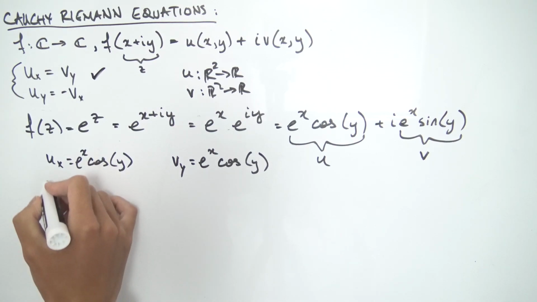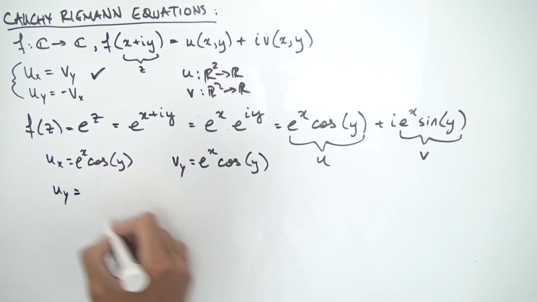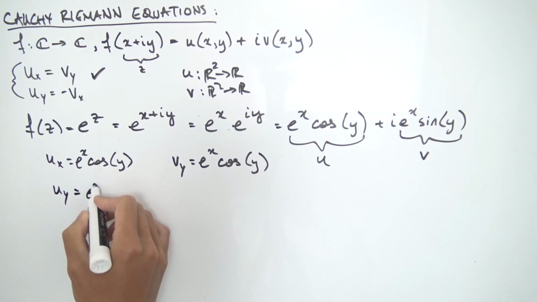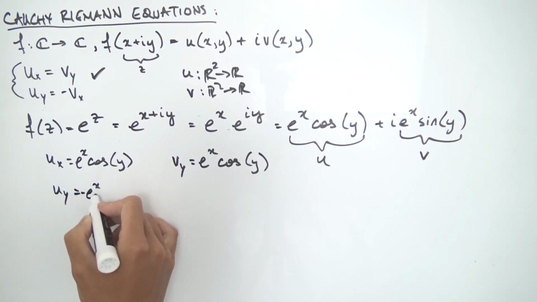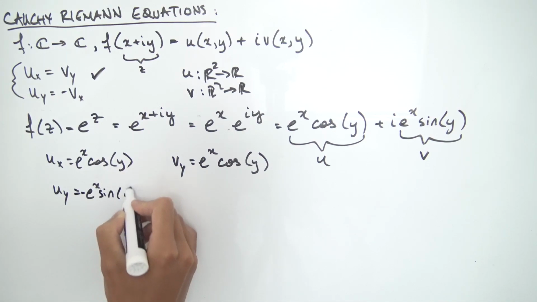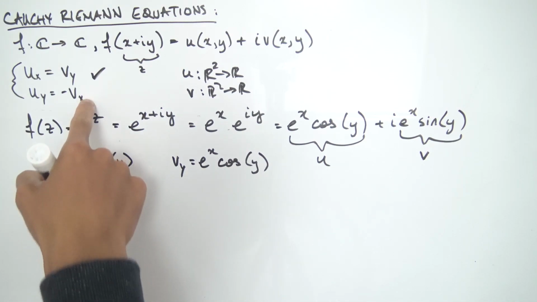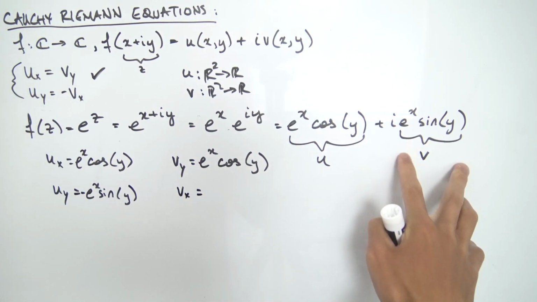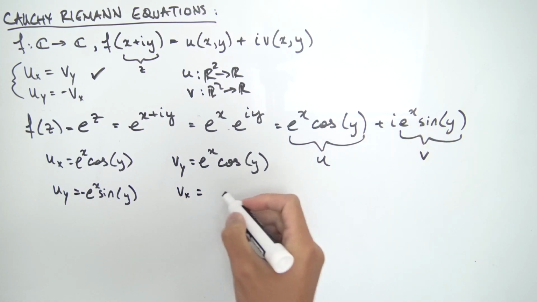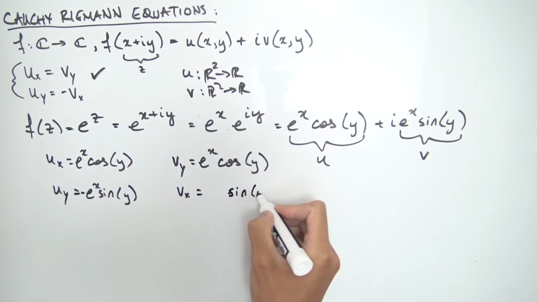And let's calculate u sub y now. So u sub y, we have e to the x still out the front, and the derivative of cosine is negative sine, so we have negative e to the x sine of y. And let's calculate v sub x. Differentiating this, sine of y is just a constant, so let's leave that out the front.